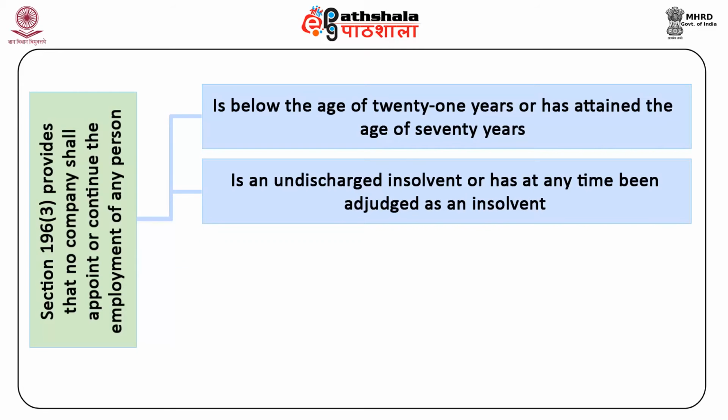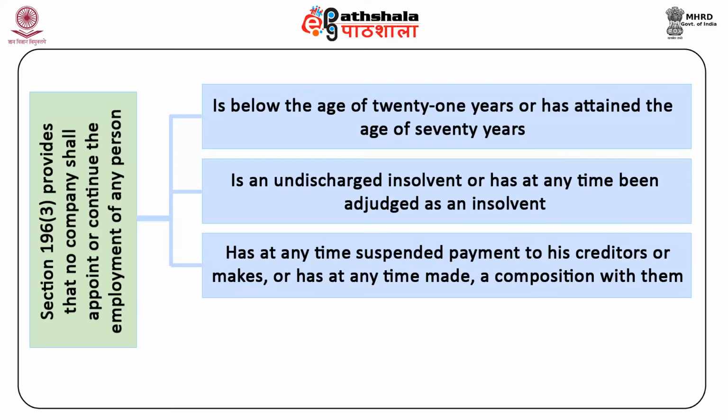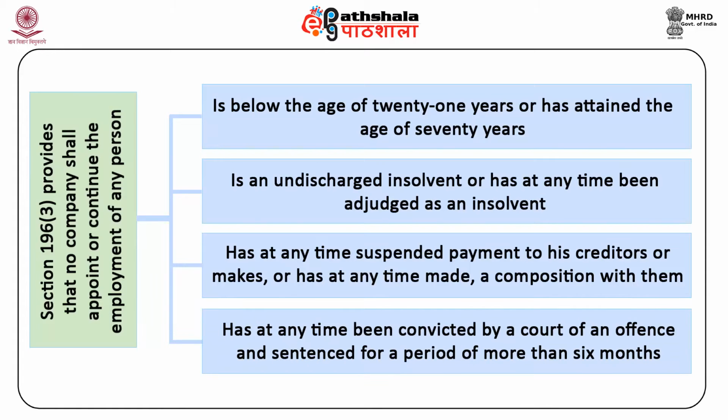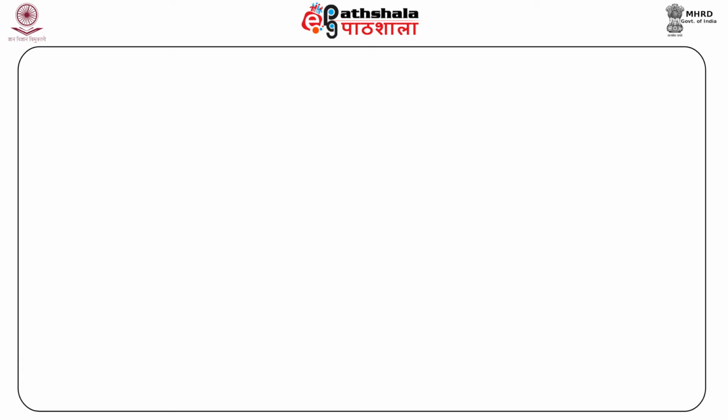Third, has at any time suspended payment to his creditors or makes or has at any time made a composition with them, or fourth, has at any time been convicted by a court of an offence and sentenced for a period of more than 6 months.